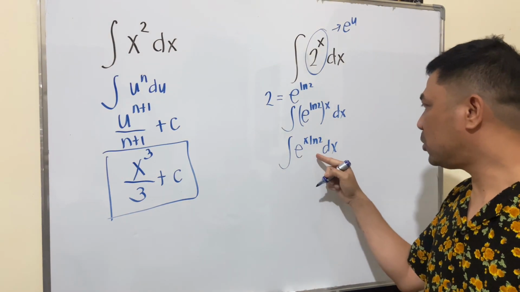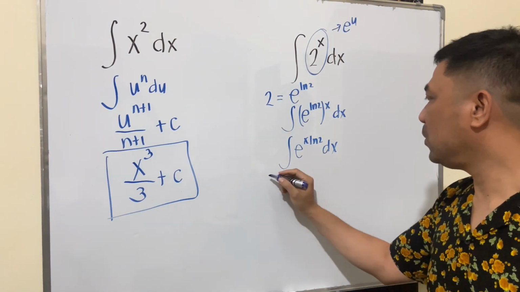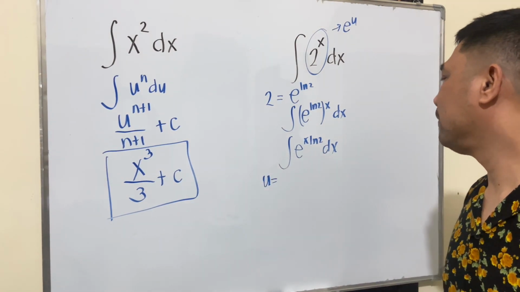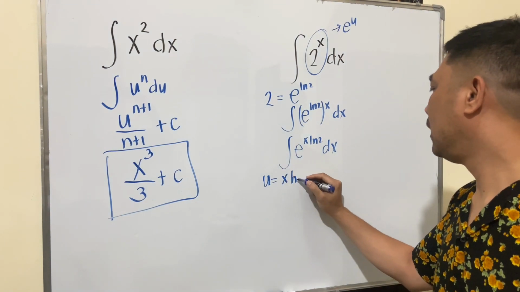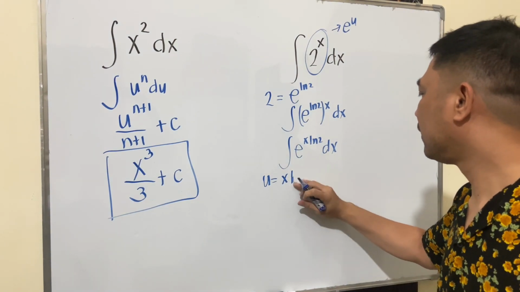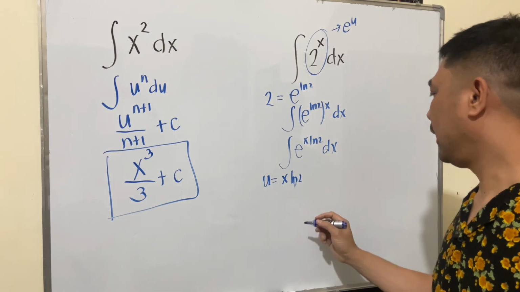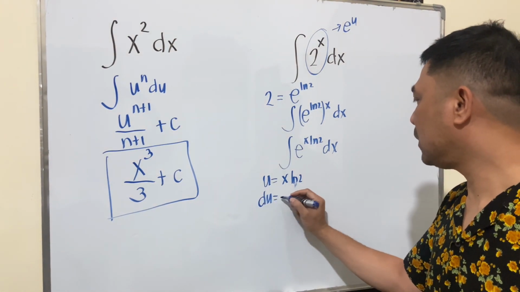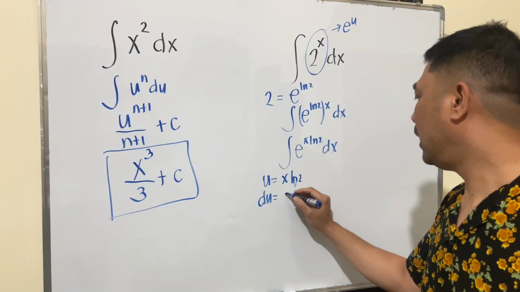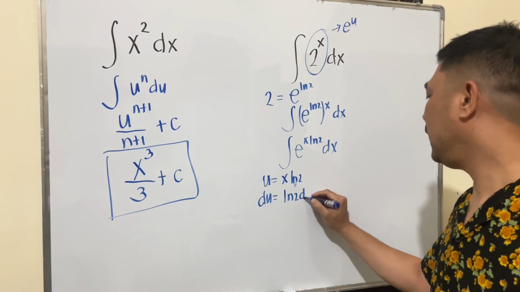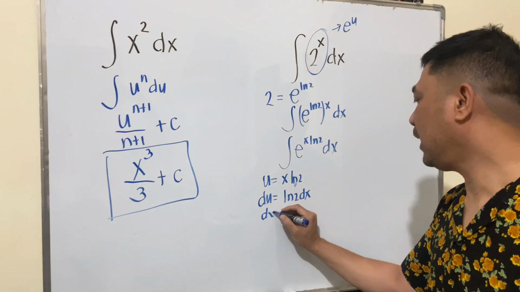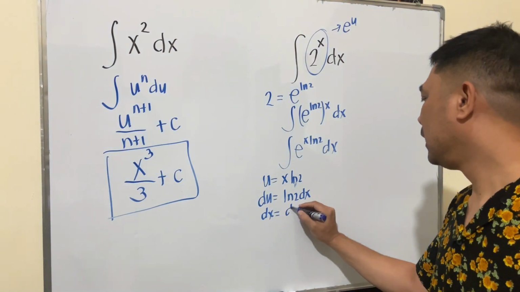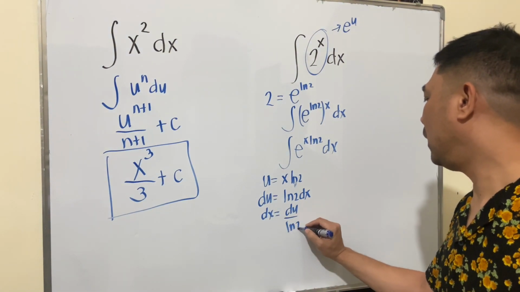So if you substitute x ln 2 to u, okay, x ln 2, sorry, then if you differentiate both sides, du is equal to ln 2 dx. Therefore your dx is now equal to du over ln 2.